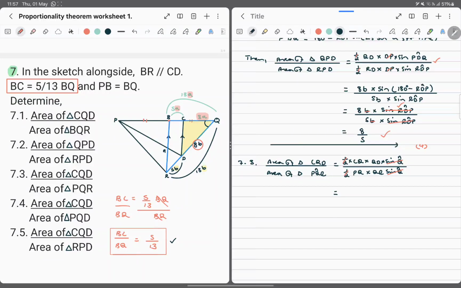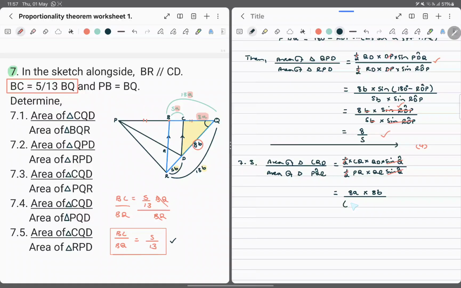But now CQ, do I have CQ now? Oh yes, I do. That is 8A. So we already did work it out above. Multiplied by QD. QD is 8B. Divided by, now we have PQ.